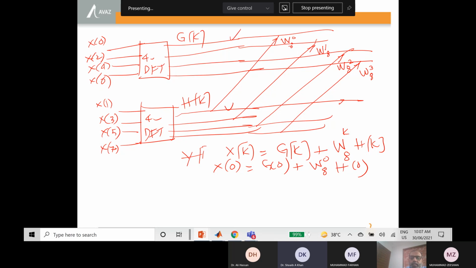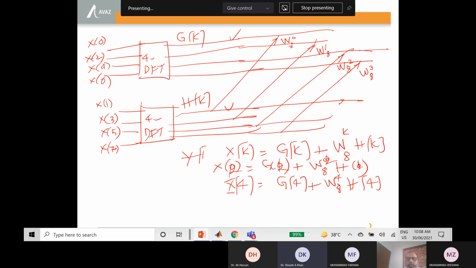Similarly, when you computed x1, this 1 came here, 1 here, 1 here, 1 here. When you computed x2, the 2 answer, 2 came here, 2 here, 2 here, 2 here. So interesting is once you compute x of 4, x of 4 is g of 4 plus W8 4 h of 4.